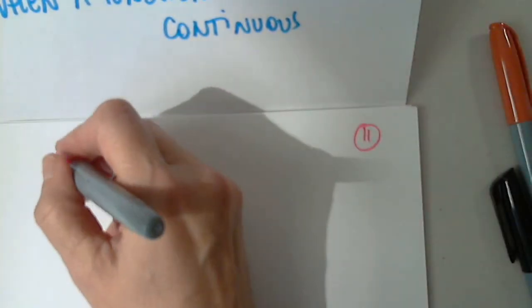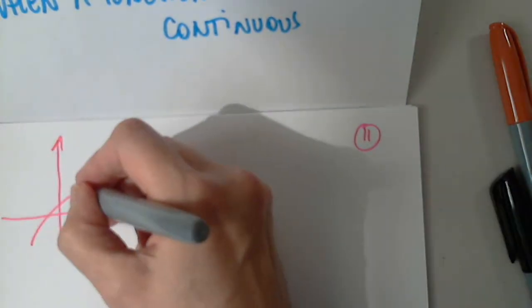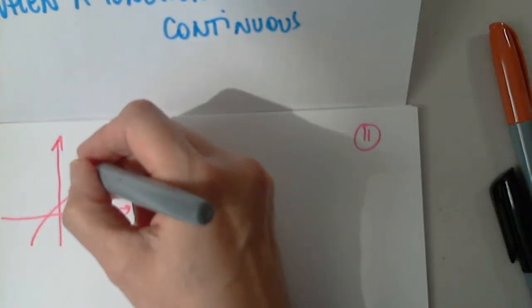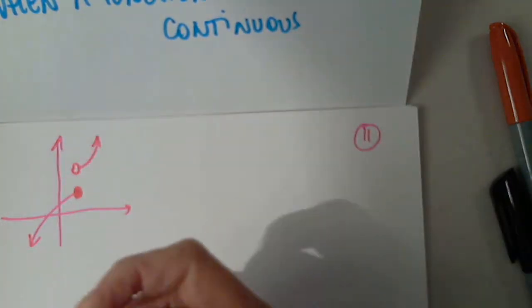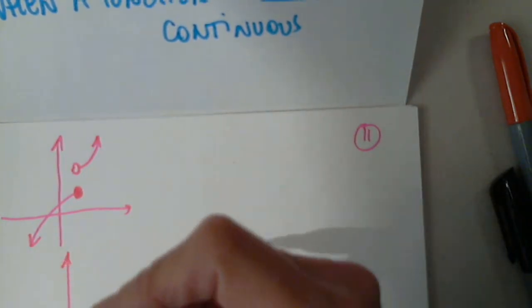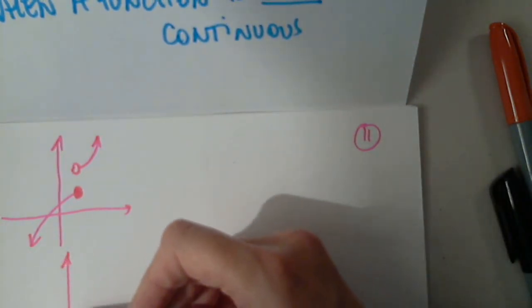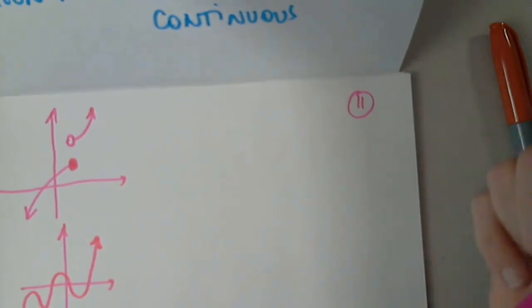So here are situations in which a function is not continuous. What do I mean by not continuous? I cannot draw it, for example, like this function. I can draw the function from the beginning till the end without lifting the pencil, the marker, off the paper. This is continuous.